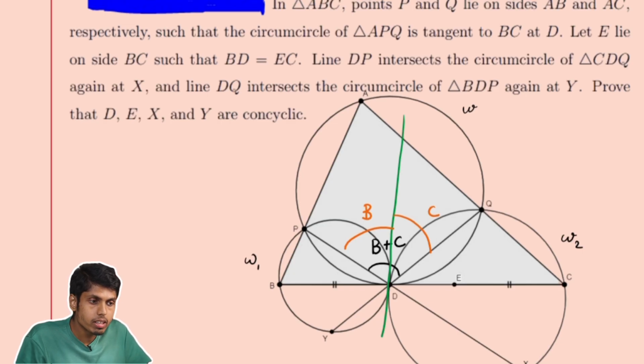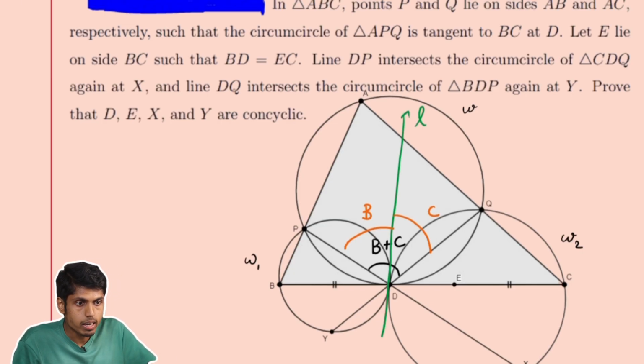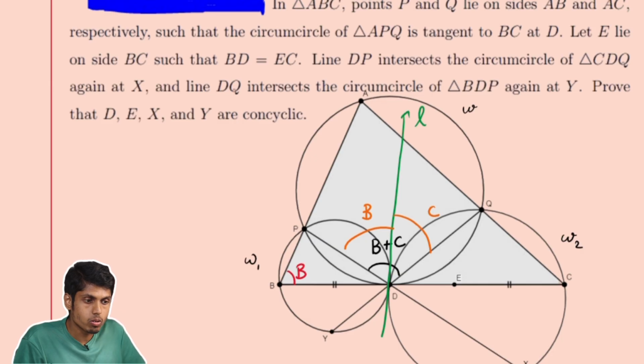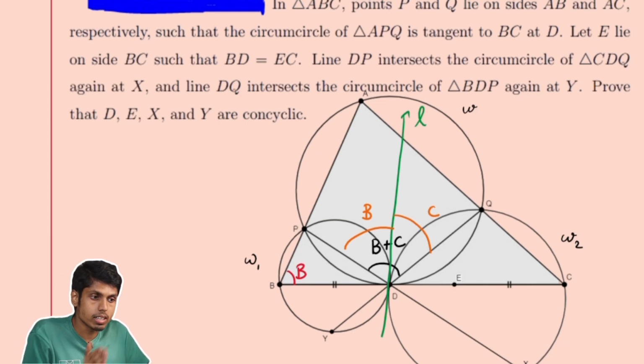So now we observe that the angle made by DP with the random line, call it L, equals B, which is also equal to the angle subtended by PD on the arc of omega 1, because angle PBD is also B, right? So by the tangent chord theorem, the line L would be tangential to the circle omega 1, because the angle subtended by DP on the arc equals the angle made by it with the line L. Now same goes for the other side.